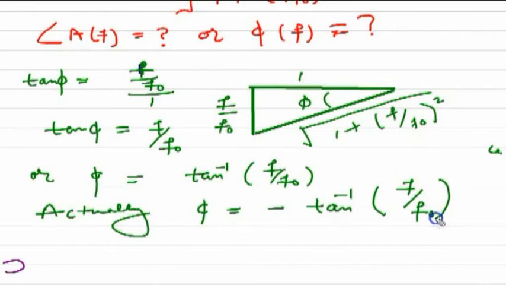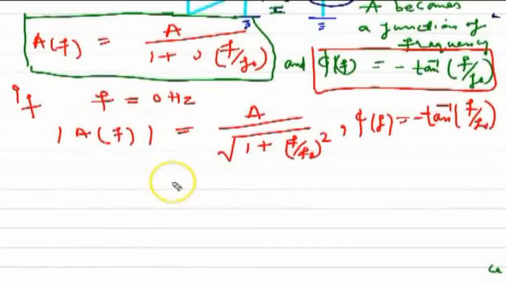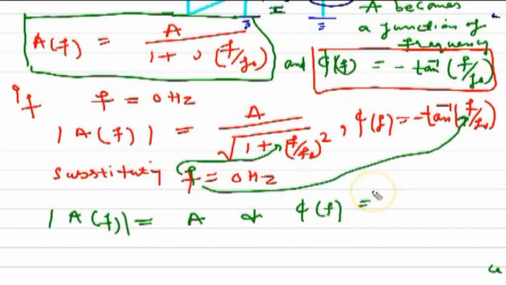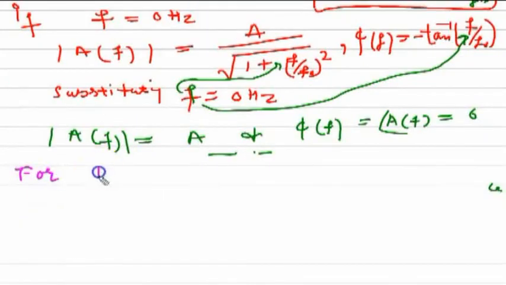Now that we have the expression of phi, and the expression of the magnitude of the gain, which is a function of the frequency, we will see how both vary with respect to the frequency. So for IC 741, let f naught equal 5 Hz.